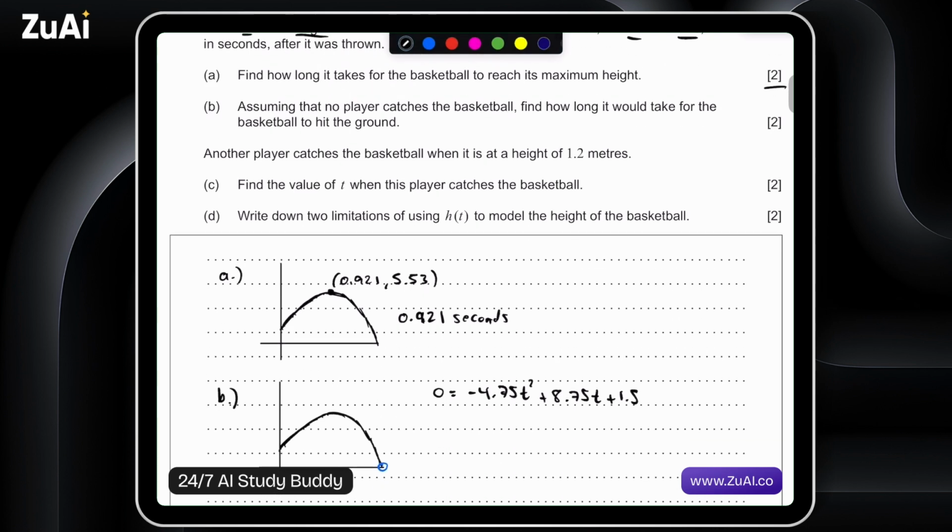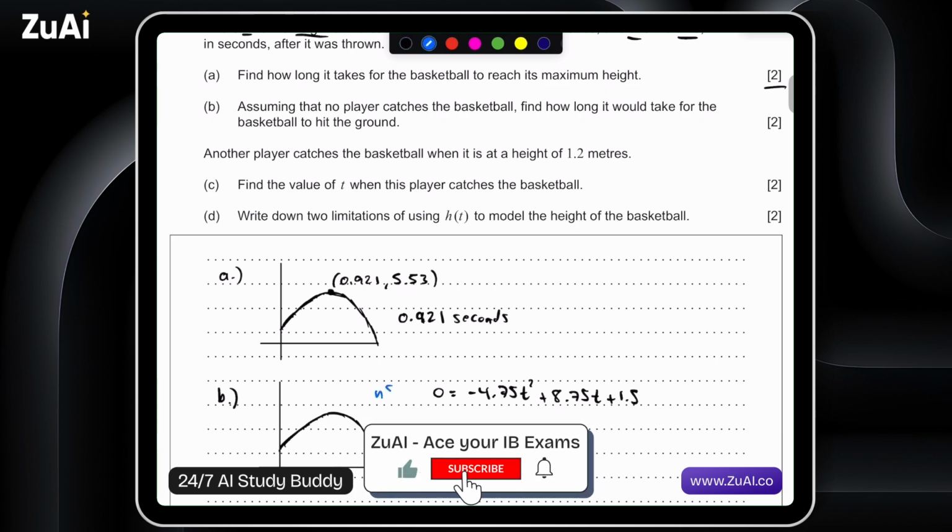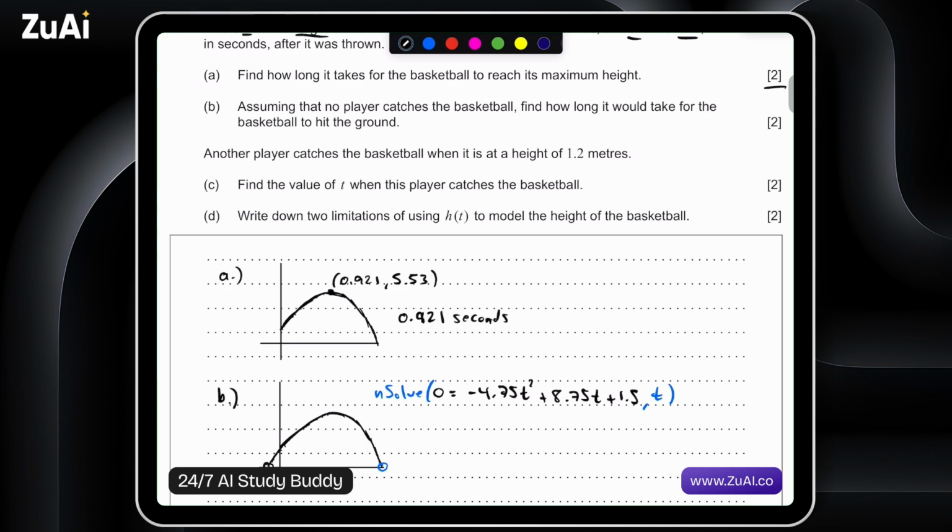And then you could essentially just nSolve this for t. Just be careful, nSolve sometimes gives you the closest point to 0, and so it might actually give you a negative point, which doesn't make sense. That would be incorrect. We'd want to find this positive value here. Okay, I'm actually going to work it out graphically.